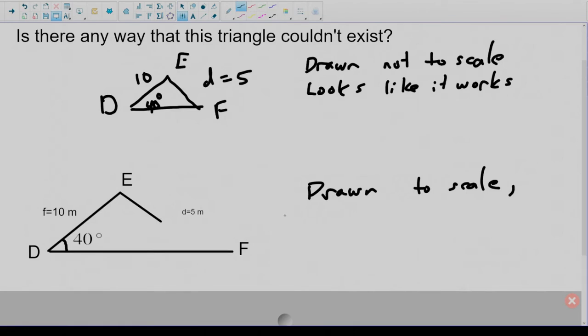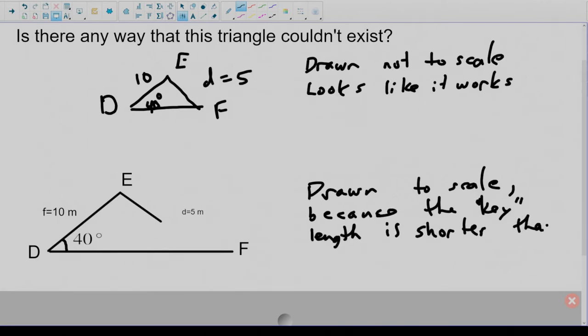So, because the key length is shorter than the other length, we may not have a triangle.